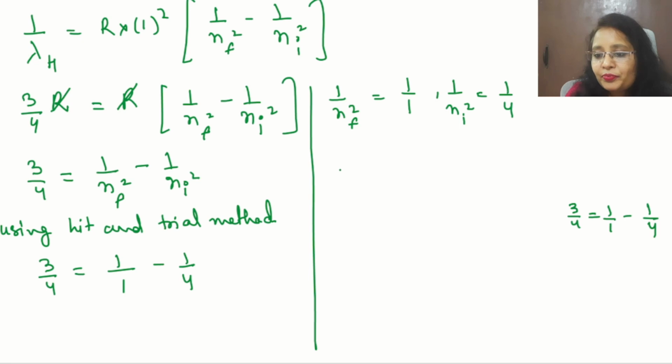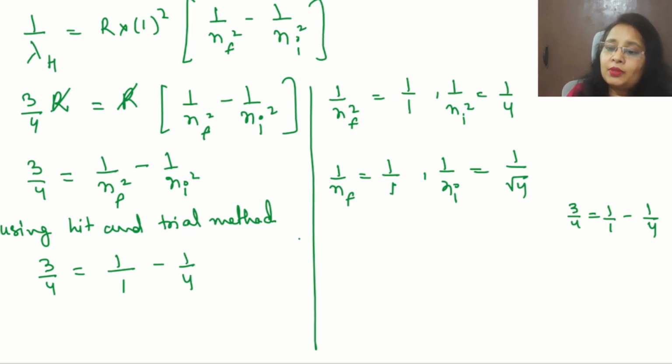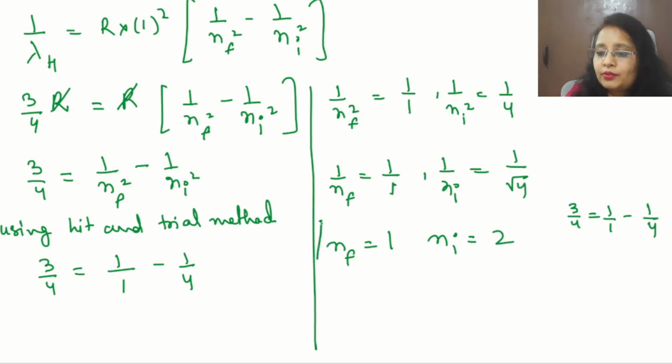So we can say 1 upon n f is equal to 1 upon 1, and 1 upon n initial is equal to 1 upon root 4. Root or square, same thing. So from here we get n final will be 1 and n initial will be root 4, which is 2. Here we get the values of n initial and n final.